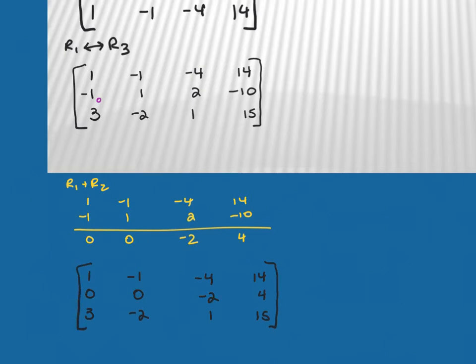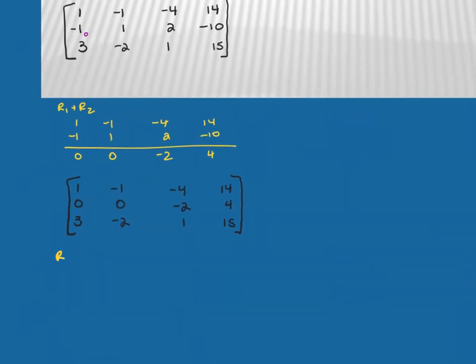What happened when I add those 2 rows together? That's unique. I got 2 zeros, right? What row do I want to have 2 zeros in though? Row 3, so I can switch row 2 and row 3.